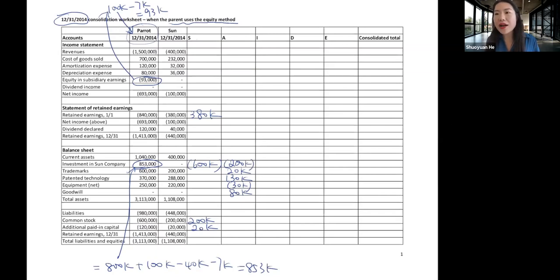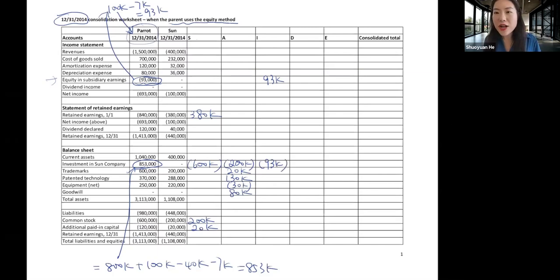Consolidation entry I, the purpose is to eliminate the subsidiary's income recognized by the parent. So how much of the subsidiary's income is recognized by the parent? Yeah, it's 93,000. We use consolidation entry I to eliminate this account. In order to eliminate it, we debit 93,000 and we credit the investment account for 93,000 accordingly.